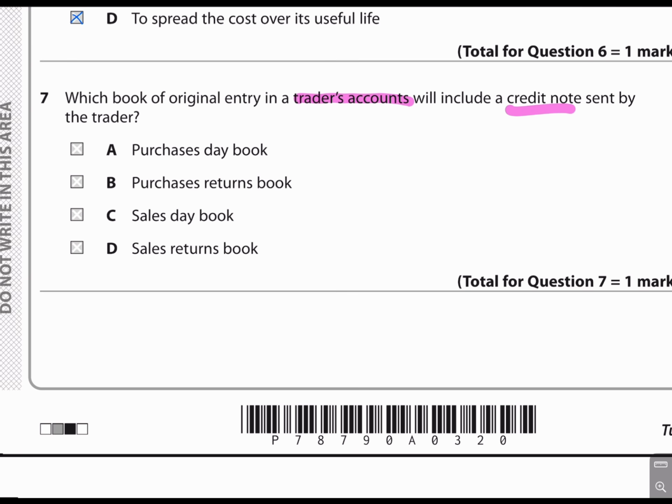You have to remember the credit note is sent by the seller, right? So you are the trader, you are sending it. It means that you have sold the goods and now your goods are getting returned, so you have to issue the credit note yourself. So the only right answer we get here is sales return day book or sales return book. So option D is the only right answer we have got.